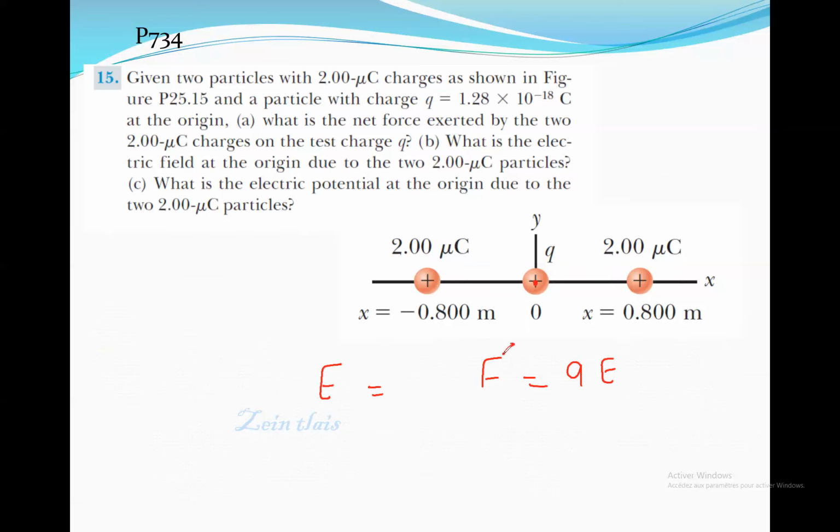As F equals 0, E equals 0. So E equals 0 at point C, because F at point C equals 0.